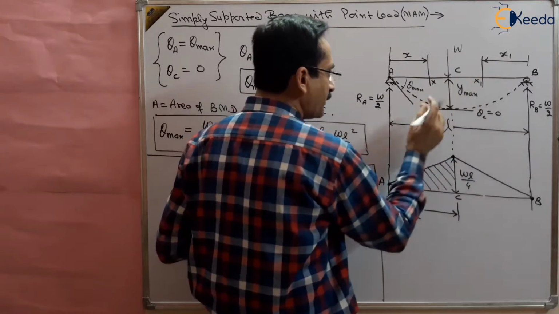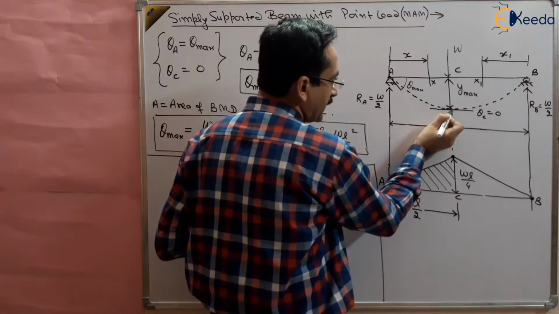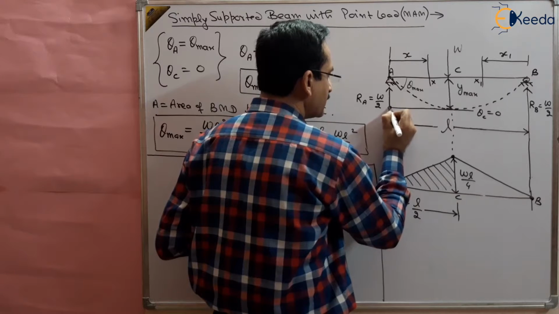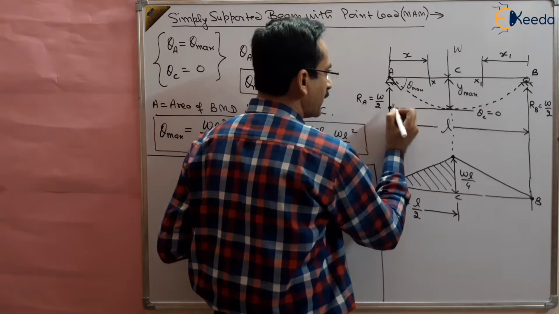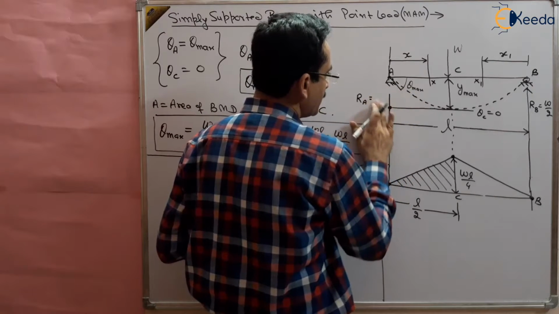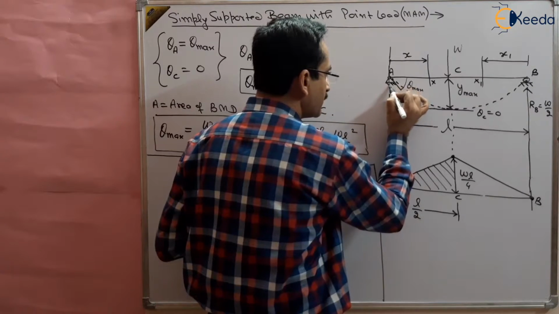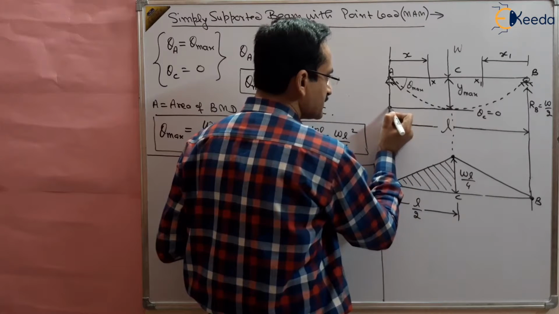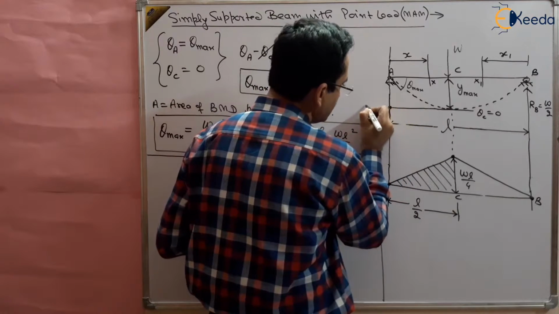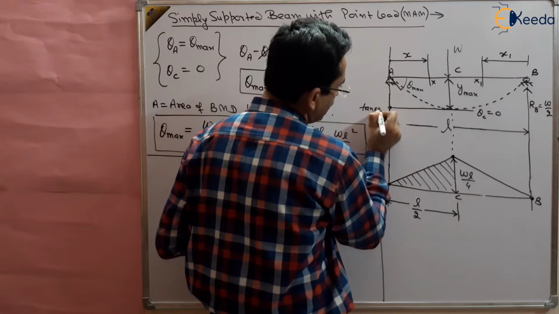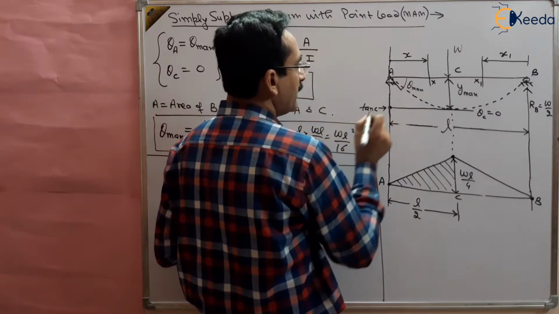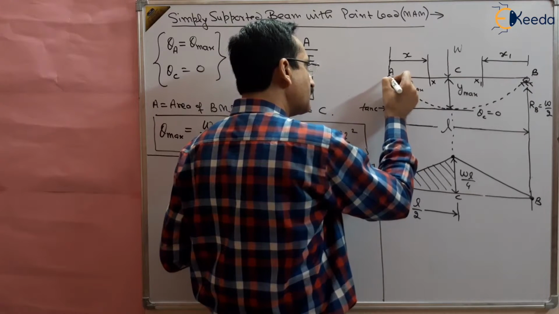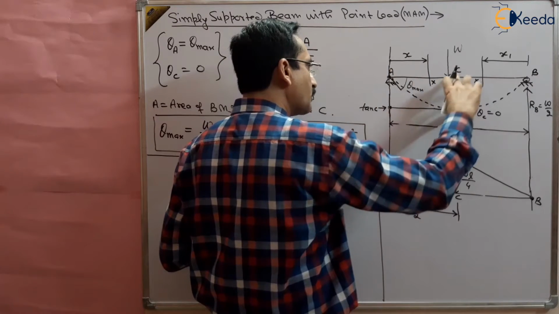So Y max can be obtained by taking the tangent at C and crossing this point, right? I'm rubbing this. To obtain Y max, we take the tangent at C, which is intersecting at this point. So this is the tangent at C, and the tangent at A should cross from this point, so that we can obtain Y max.